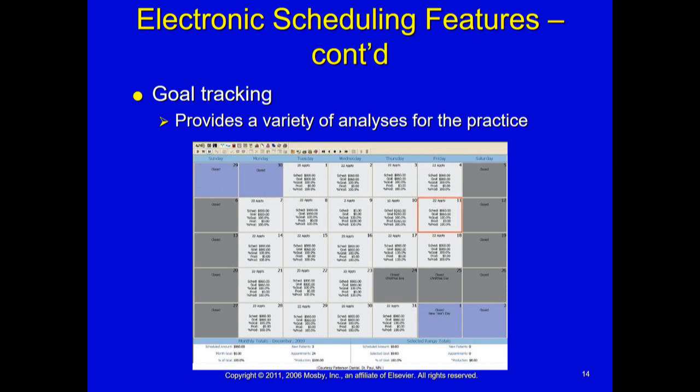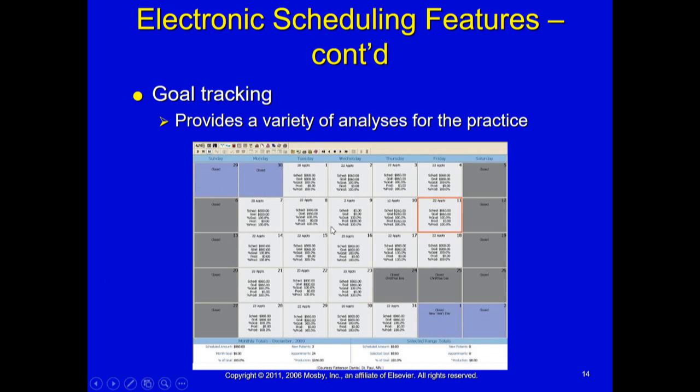how many time slots are available that day, usually in a percentage. How many are open, how many are filled, and how much money could be made in that day.